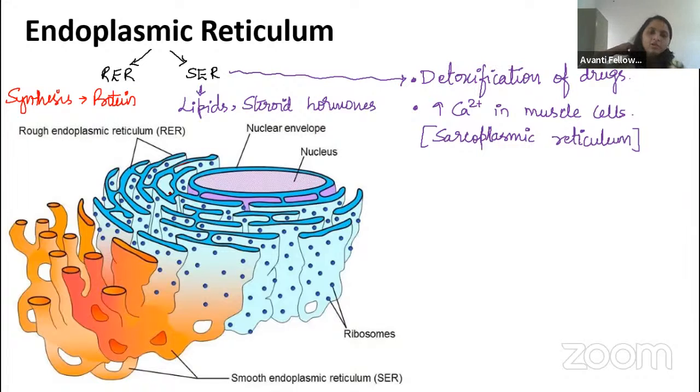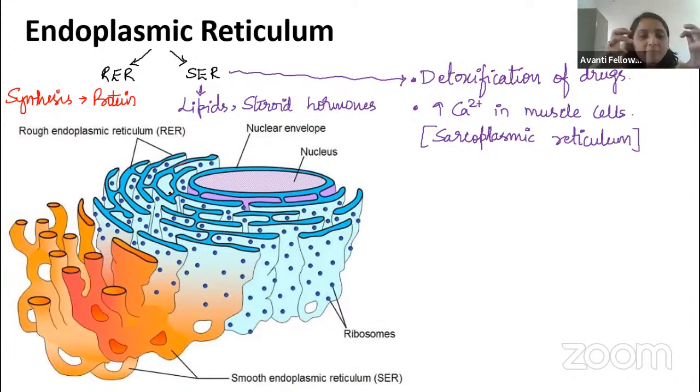Okay. So the rough endoplasmic reticulum is involved in the synthesis of protein. Remember, guys, always. The rough endoplasmic reticulum is involved in the synthesis of membrane proteins. Now only we have studied the plasma membrane, right? In that we studied the peripheral protein and the integral protein, right?